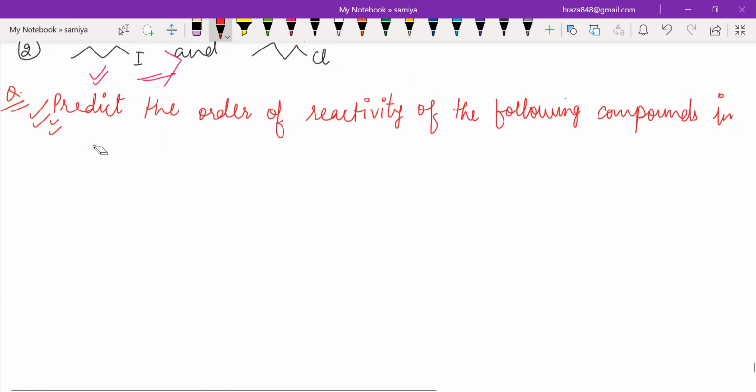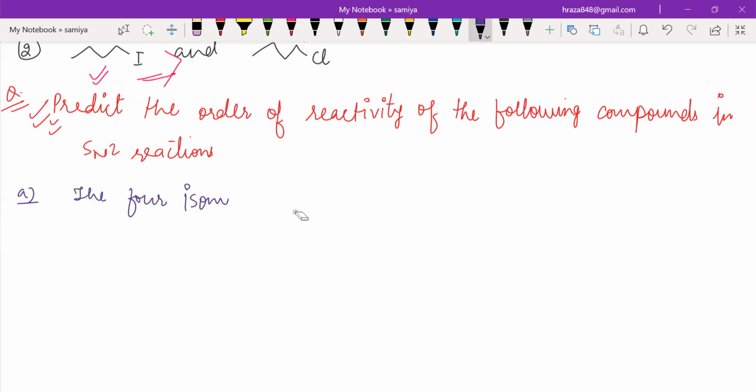The first question is the four isomeric bromobutanes. So you are going to write the isomers of bromobutanes, arrange them, and then predict the order of reactivity towards SN2.